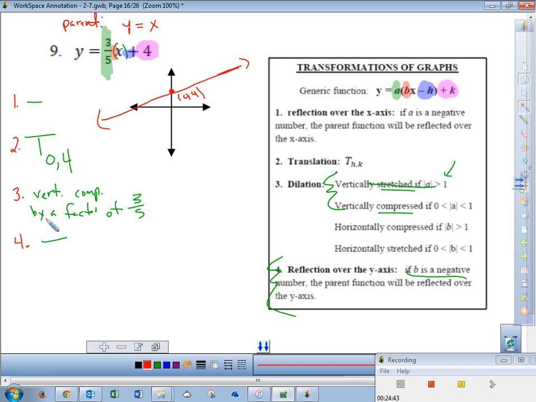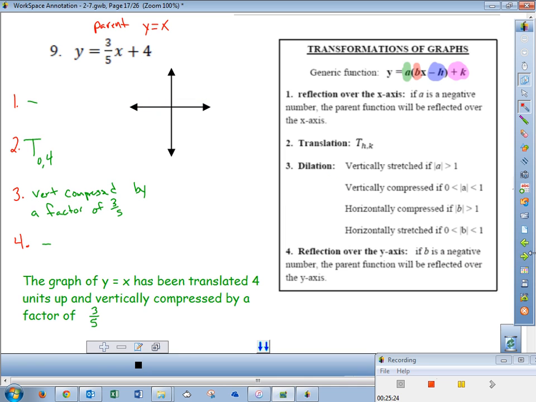What kind of compressed? There's all kinds of compressed. It's been vertically compressed. Please spell it correctly. It's right there on your card. It has been vertically compressed by a factor of 3/5, period.